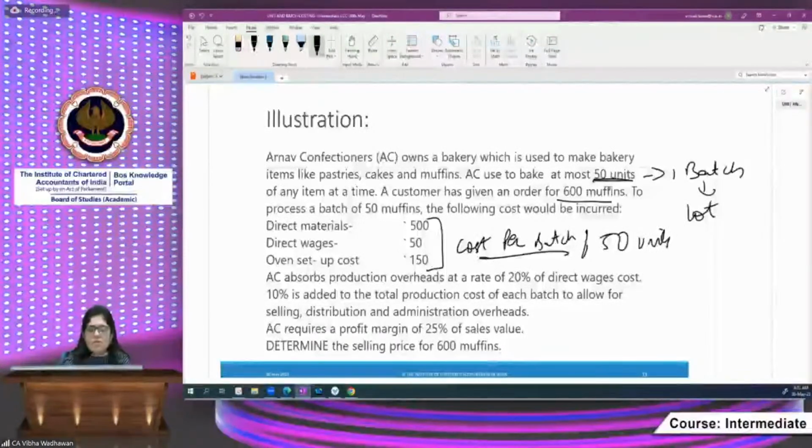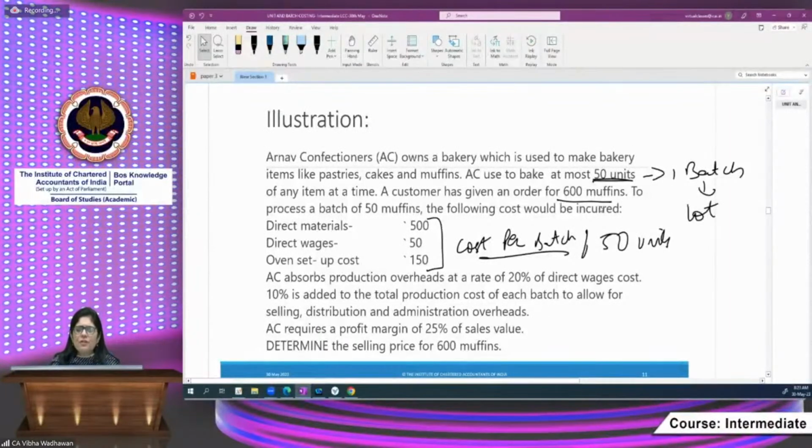Whatever is given to you, the 500 material cost is the cost per batch of 50 muffins. That means 500 is the cost to manufacture 50 muffins. It's not the cost to manufacture one muffin, but 50 muffins. That means you have been given the cost per batch: material cost per batch, wages cost per batch, oven setup cost per batch.